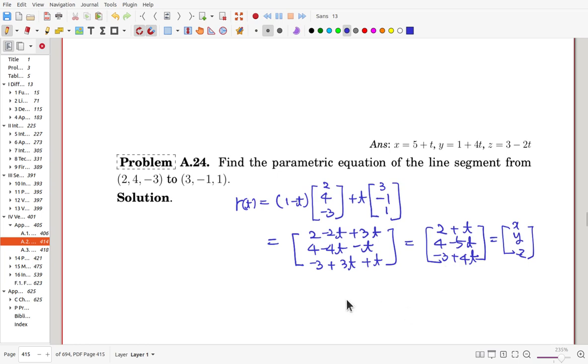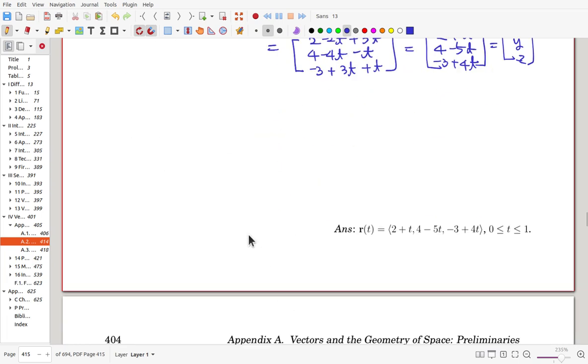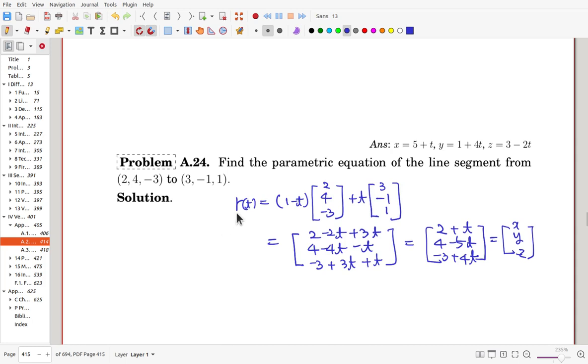But then that's the answer, right? And of course, t must be between 0 and 1, right? A line segment is always given with t between 0 and 1. Okay.